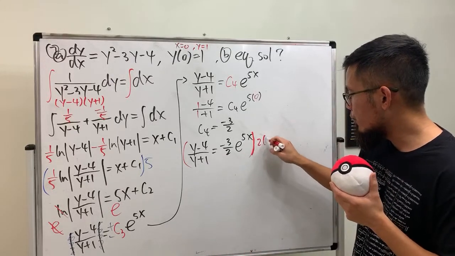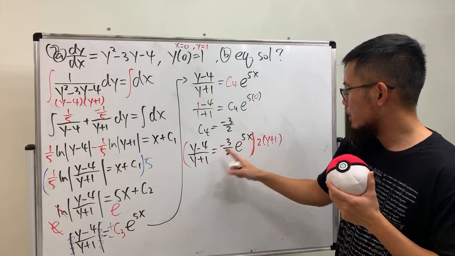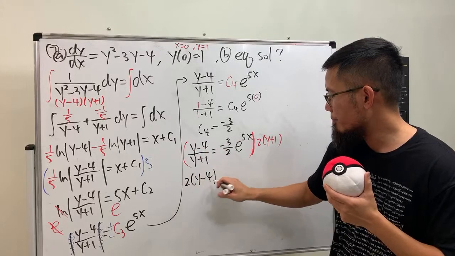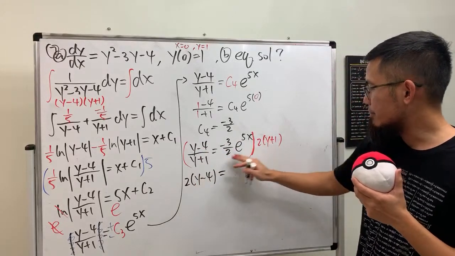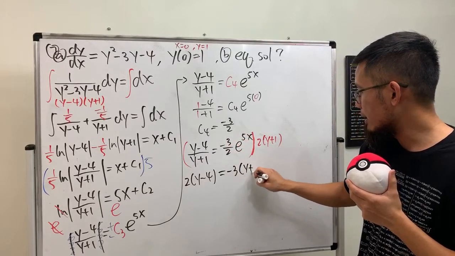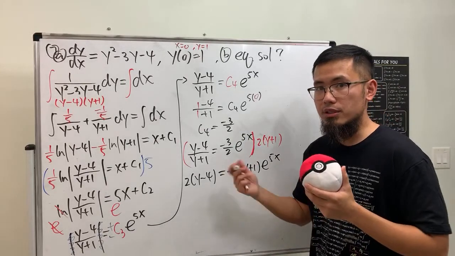So we get 2 times (y minus 4) on this side, and on the other side the 2 cancels, so we have negative 3, then the y plus 1, and then e to the 5x. The rest is just working out the algebra.